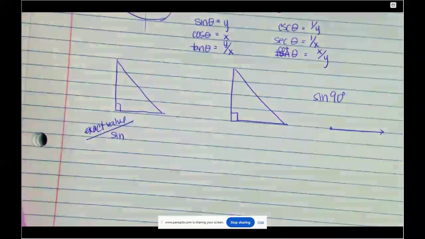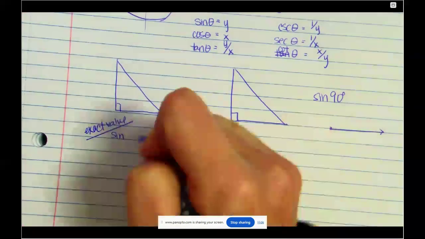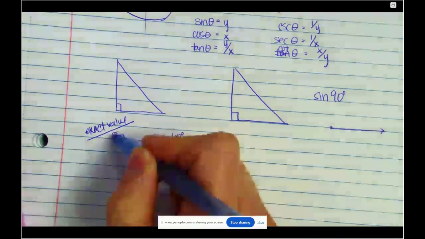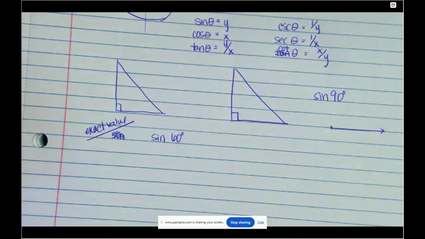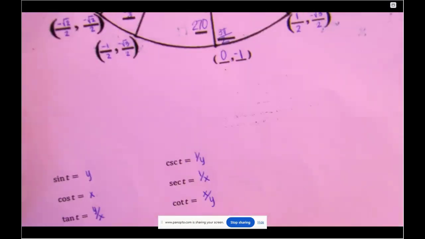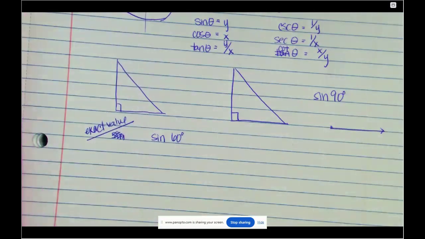Okay, let's go: the exact value of the sine of 60 degrees. Okay, so you're putting coordinate points with your information on the bottom. Information on the bottom is like gold to answer these questions. What'd you say?